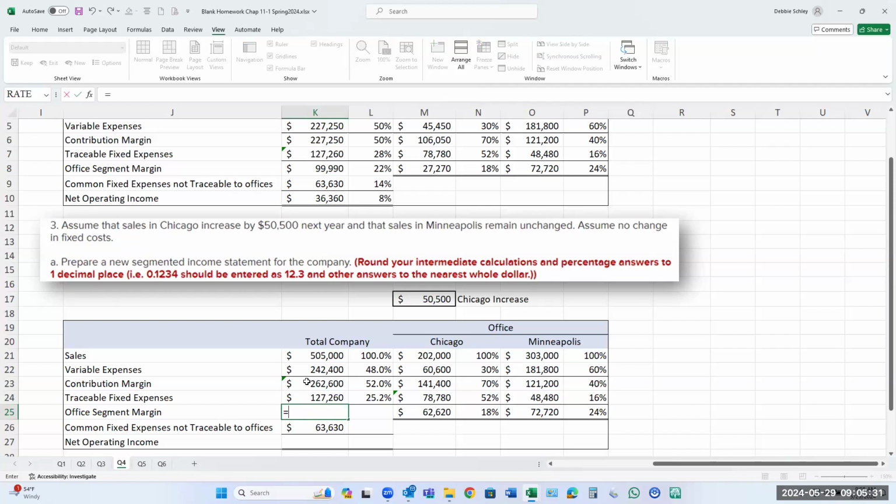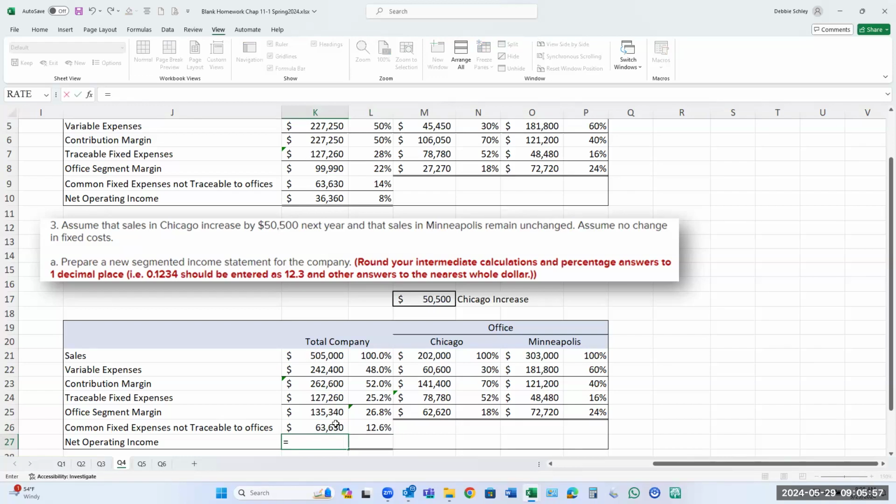Office segment margin would be contribution margin minus traceable fixed. Again, I'm going to take office segment margin divided by my new sales, and that gets me my new office segment margin ratio. Common fixed expenses are the same, but I'm going to get my new ratio by dividing that by total sales.